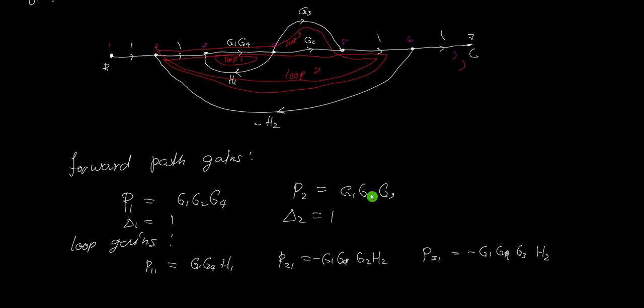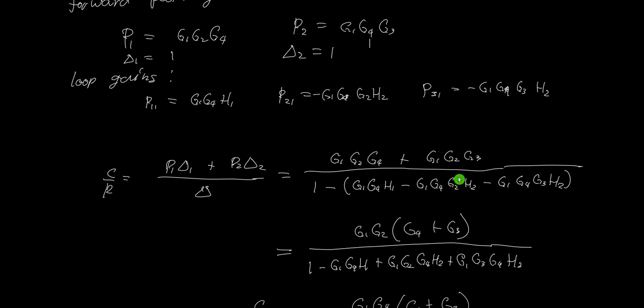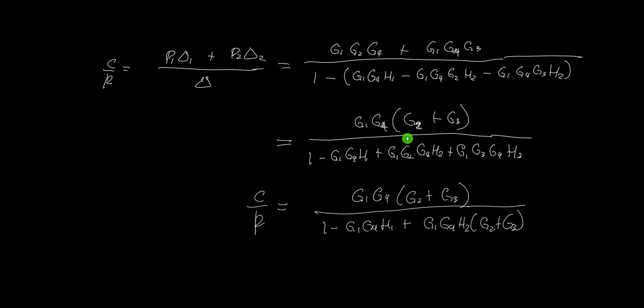So if I change that to G4, this is also G4. And if this is G4, instead of factoring out G1, G2, we factor out G1, G4. And we have here G2 plus G3. So that it's the same as our answer in the previous.